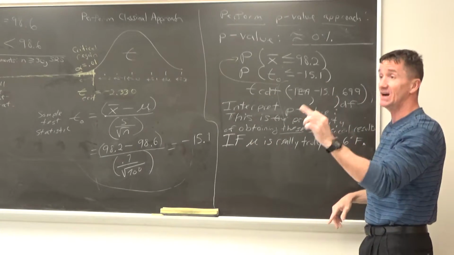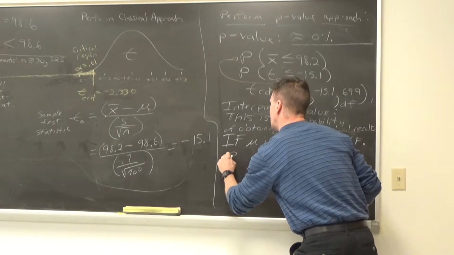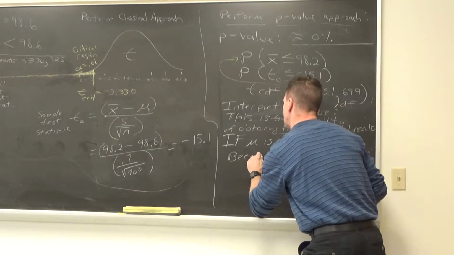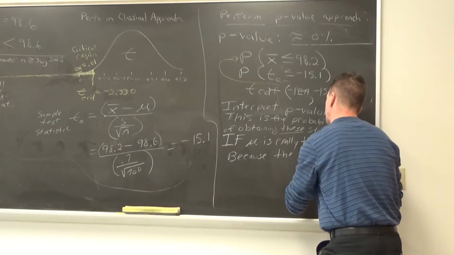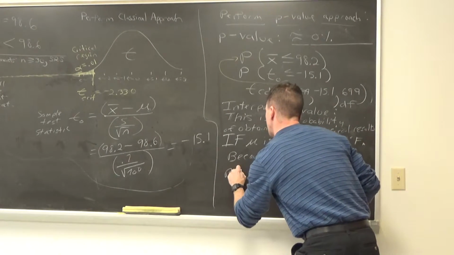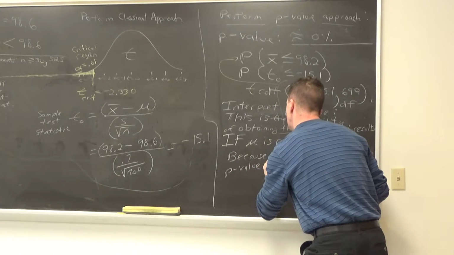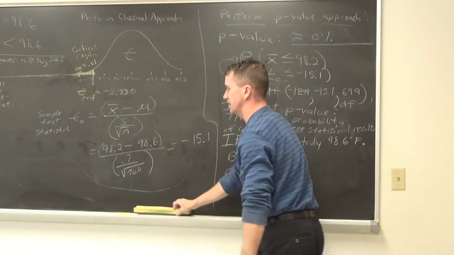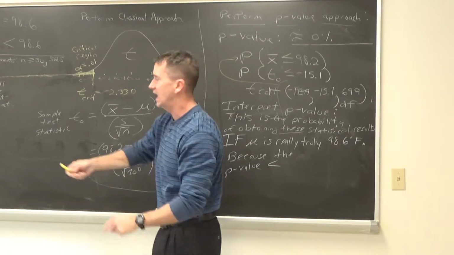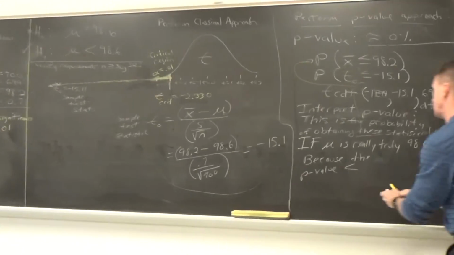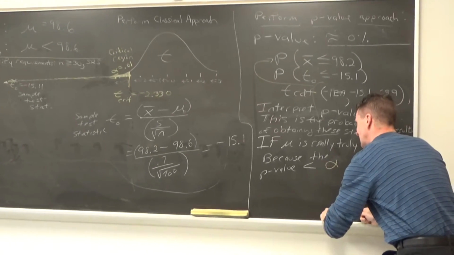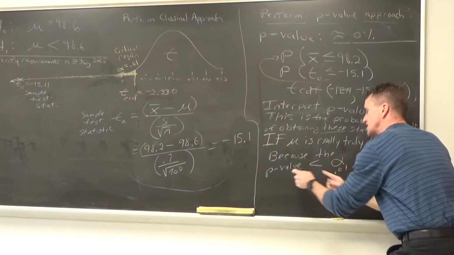98.6. Now I'm going to put the word because. Because the p-value is lower than the alpha level. So I get to change chalk. And what's the alpha level? The level of significance. What was it? 0.01. Because the p-value is lower than this guy, this was 0.01, but wasn't this lower?